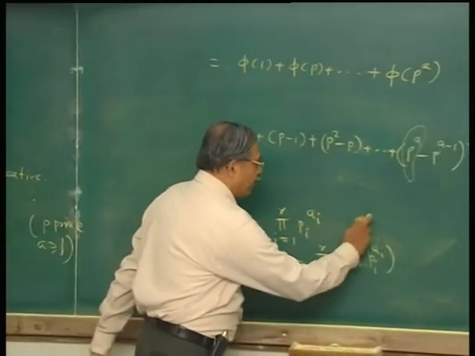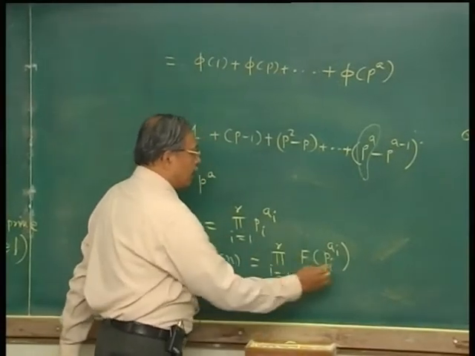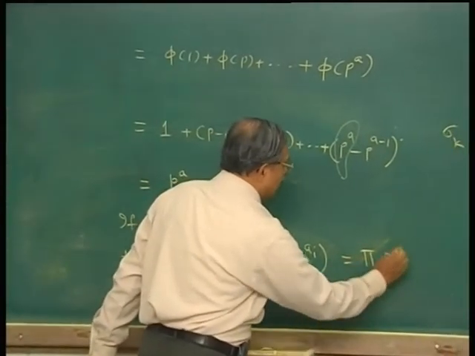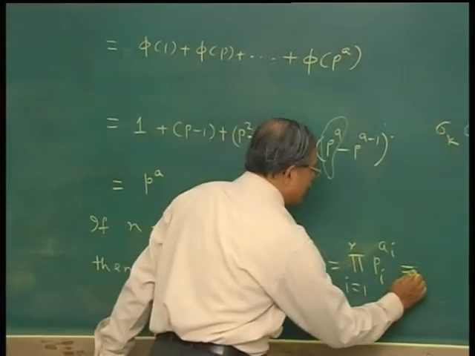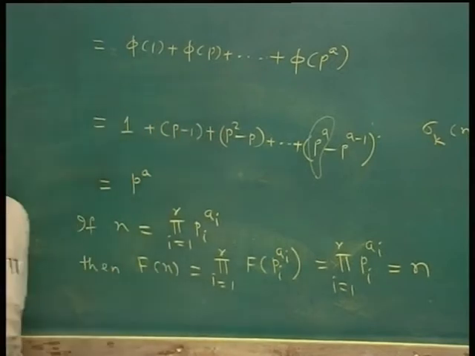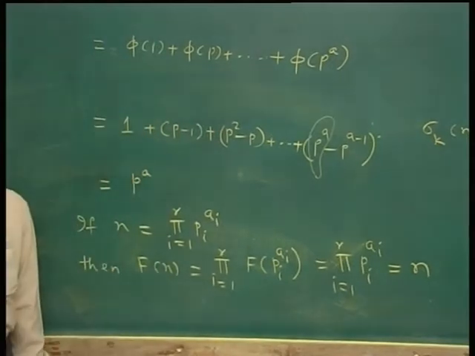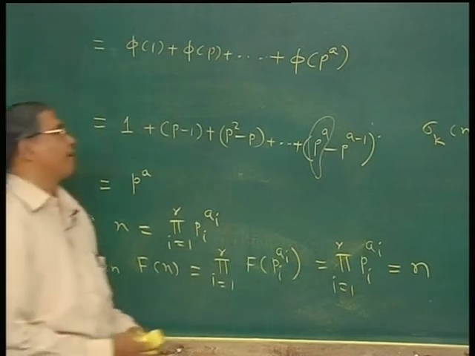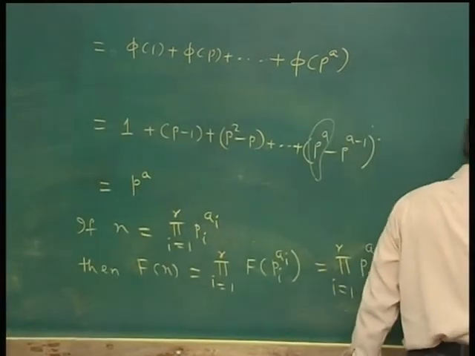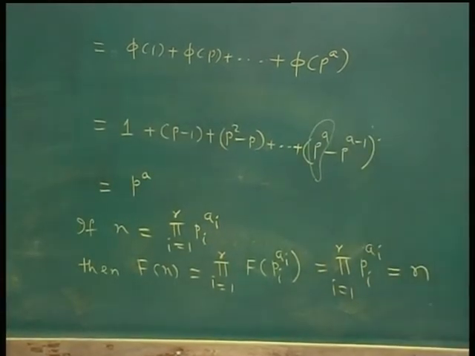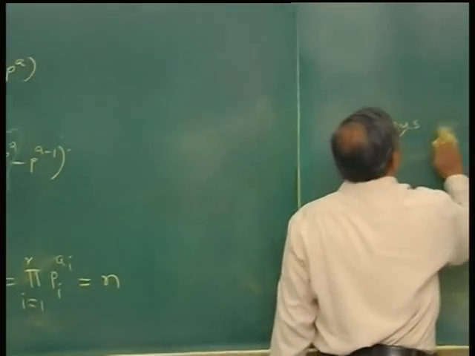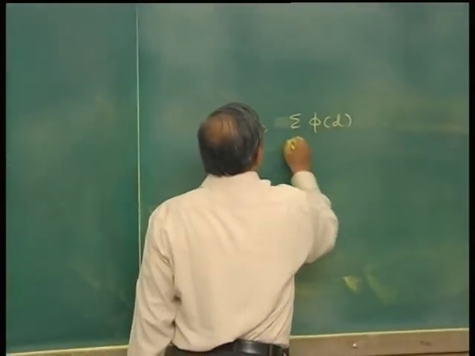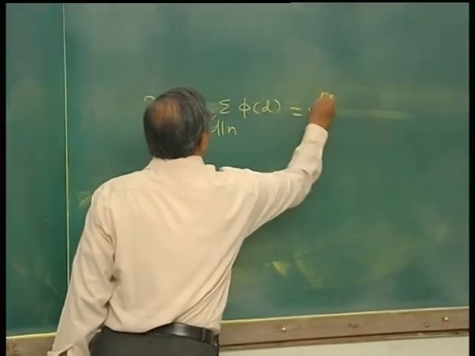And all these F of p_i raised to a_i are just p_i raised to a_i. So it is product of p_i raised to a_i, i equal to 1 to r. And therefore it is just the original number n. So capital F is the identity function, F of n equal to n. And this shows that, thus, summation phi d, d divides n, comes out to be equal to n.